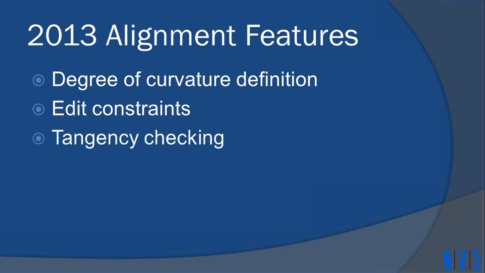There is also a tangency check option now that will highlight for you any points on your alignment where the curves are not tangent to the incoming and outgoing line segments, so it helps you make sure that your model is put together correctly. We'll also look at a new feature where they will locate implied points of intersection on our alignment. So say we draw two tangents that don't intersect directly, we put a curve on it, we can have Civil 3D show us where that point of intersection will be located.